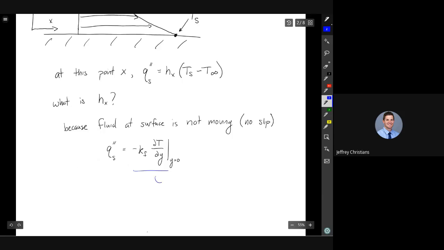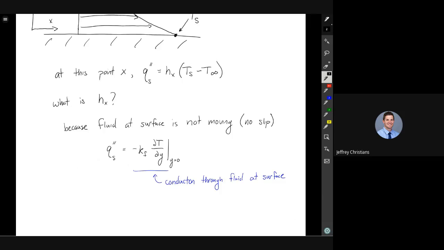So this is just conduction through the fluid at the surface. Kf, the F is to say that this is for the fluid, not for the solid.